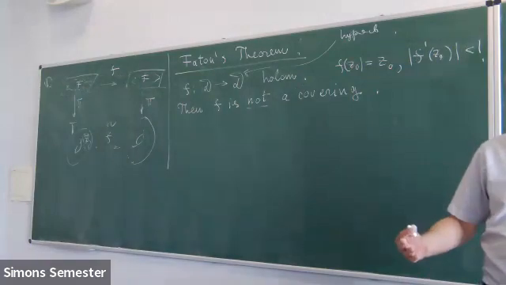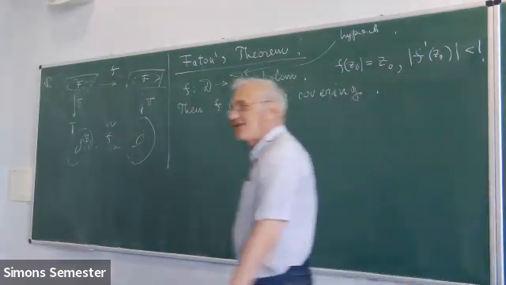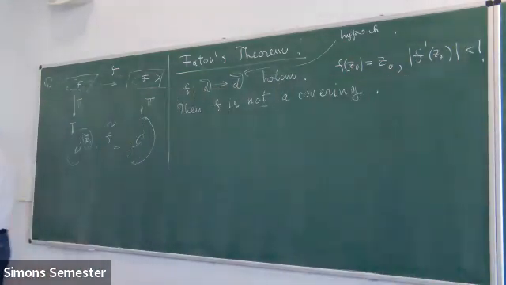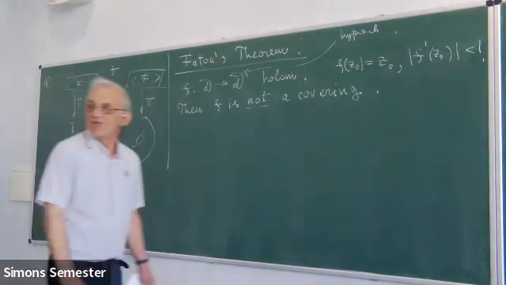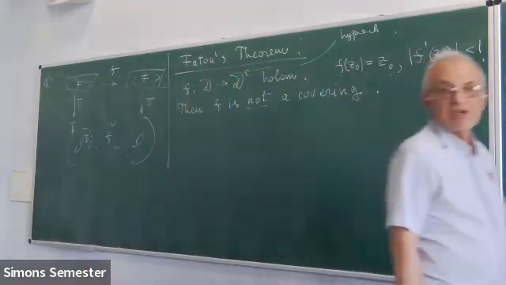This is what Schwarz lemma really says. And it is a covering if and only if it is a local isometry. Should I explain anything about this? Okay. So if you have an attracting fixed point, you cannot be a covering.